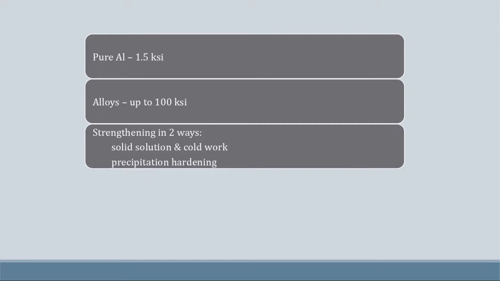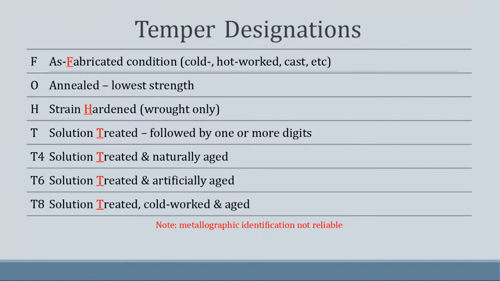For aluminum, it's a little bit different in the sense that you will solutionize your aluminum alloy, and then you have the ability to then cold work it. The next one would be to precipitation harden. It's a precipitation treatment.